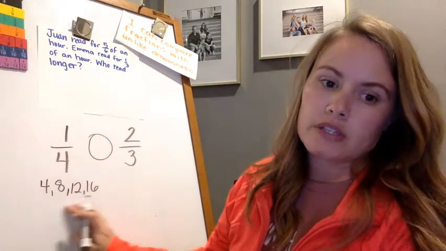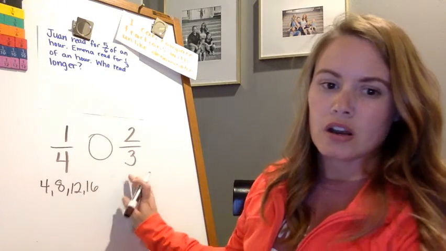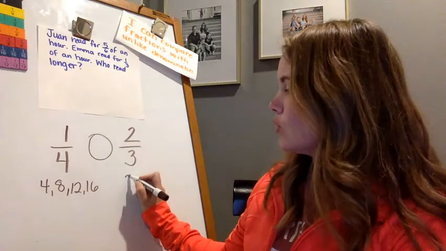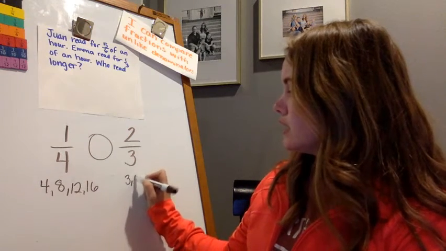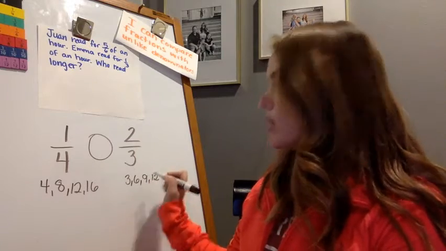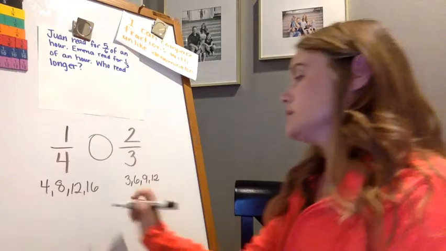You don't really know where to stop. You start to get an idea because you think of your multiples of 3, because I think I know which one it would be. 3, 6, 9. Oh, there's that 12.